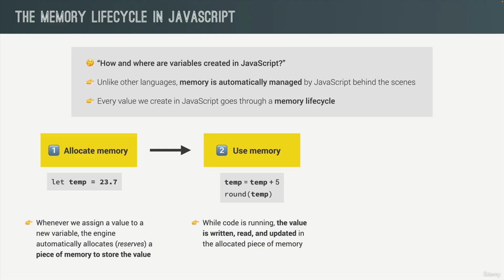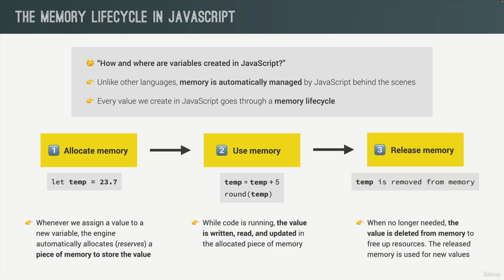Well, in that case, at the end of a value's lifecycle, the memory it occupies gets released. Or in other words, when a value is not necessary anymore, it's deleted from memory, and the freed up memory can then be used for new future values. And we're gonna learn later how exactly that happens behind the scenes.